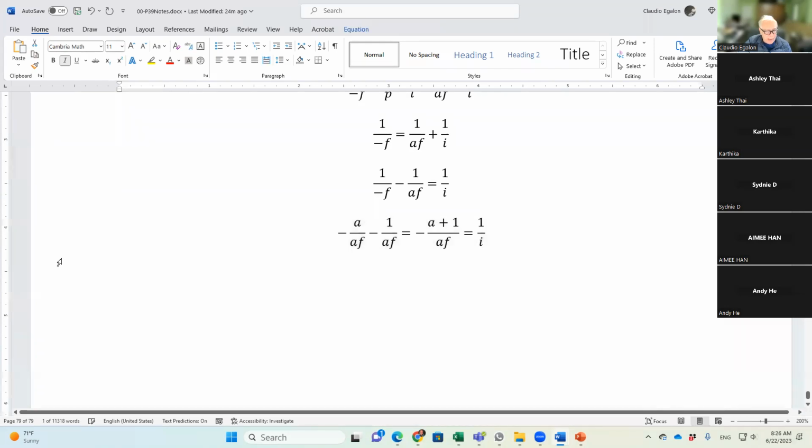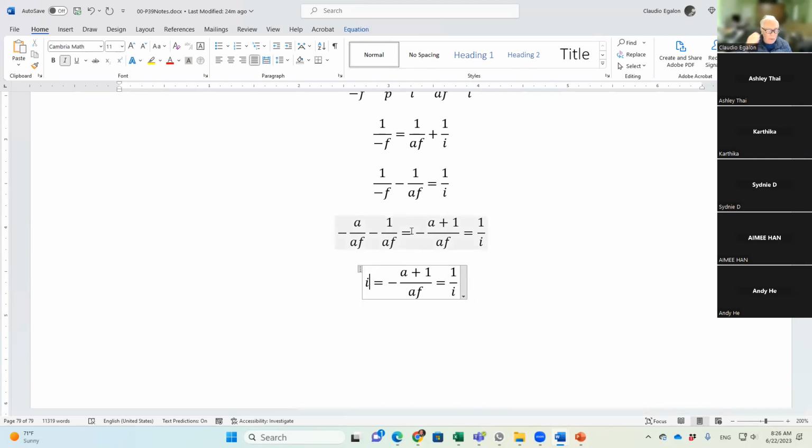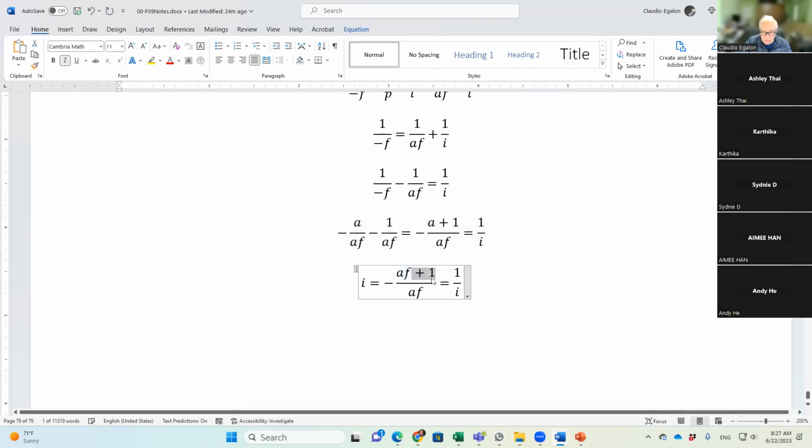So we end up having this solution: I is equal to AF over A plus 1, right?